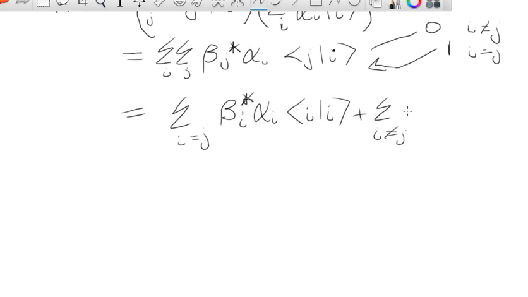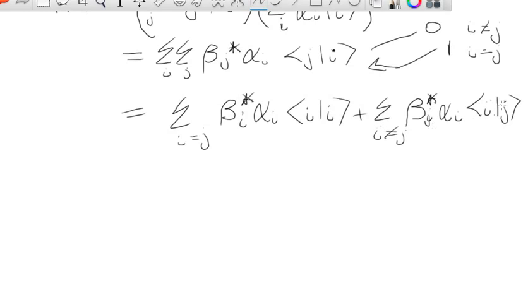So now we put beta j, star, and alpha i, with the sum over i and j again. The difference from up here is we've selected out the times when i does not equal j.